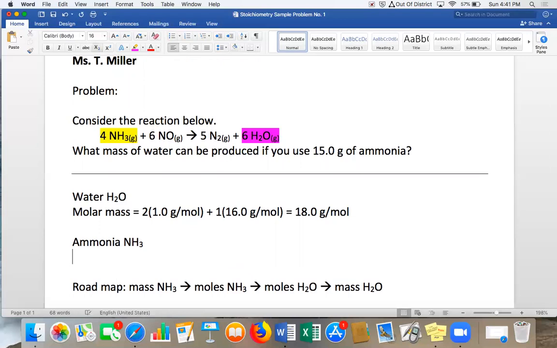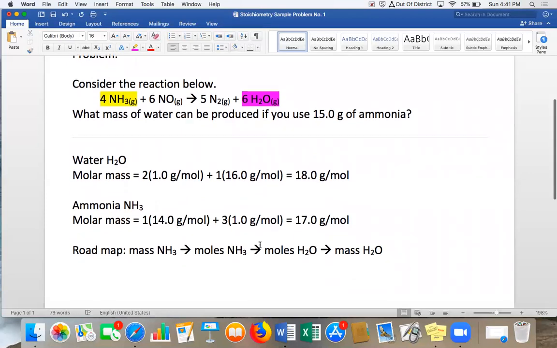For ammonia, the molar mass is equal to 1 times the molar mass of nitrogen, which is 14.0 grams per mole, and 3 times the molar mass of hydrogen, which is 1.0. So that gives you a total of 17.0 grams per mole. These masses here are just the masses from the periodic table for those particular elements.